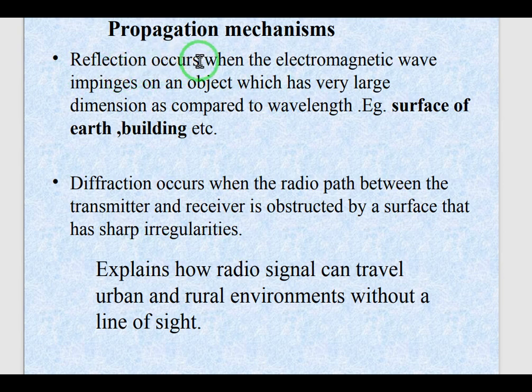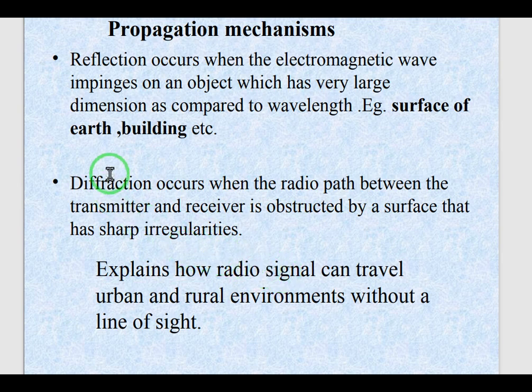If the electromagnetic wave hits an object with very large dimension, reflection occurs. The second propagation mechanism is diffraction, which occurs when the radio path between the transmitter and receiver is obstructed by a surface that has sharp irregularities.